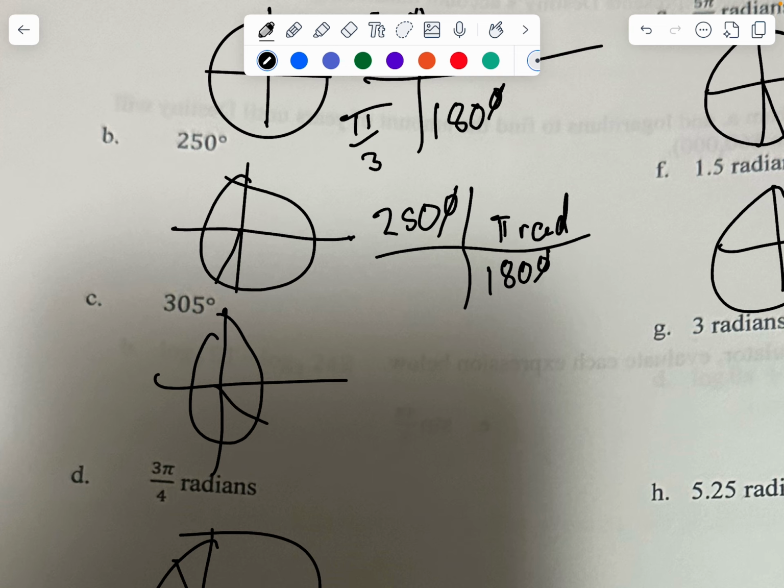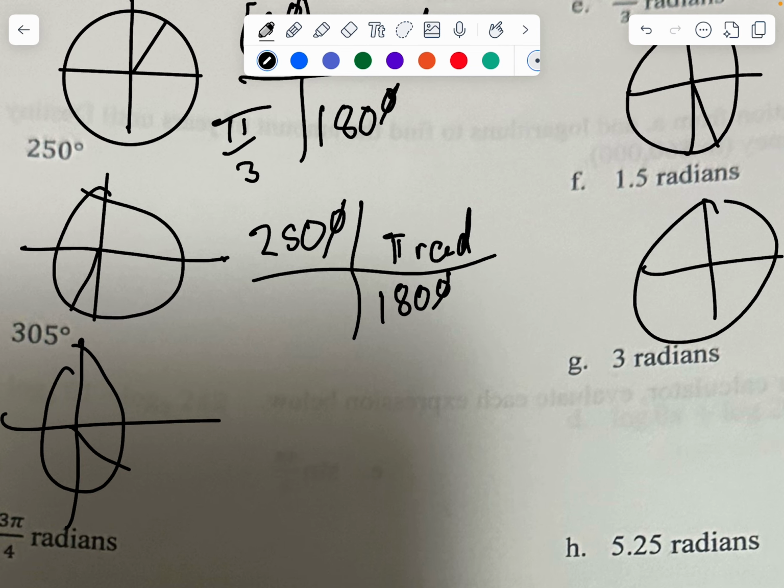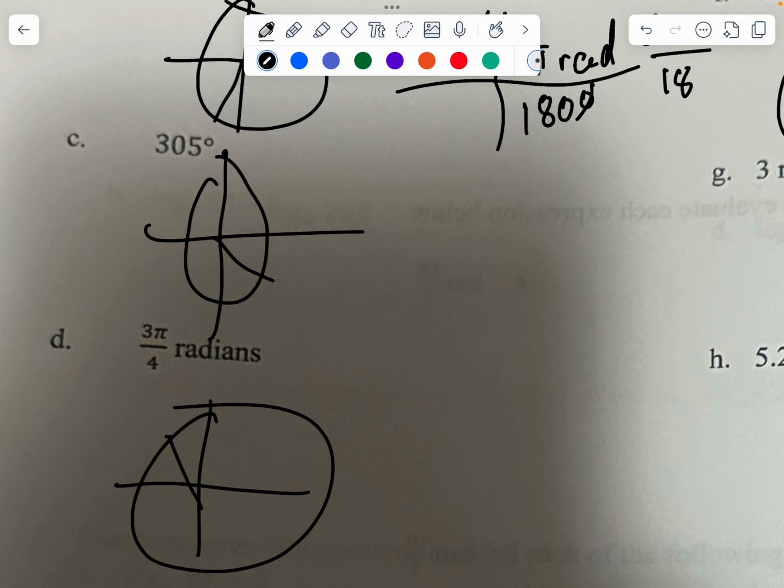As a fraction. 25/18. So we got 25 over 18 pi. 25 pi over 18. 305. Put that down there.